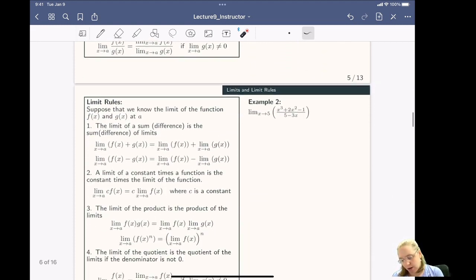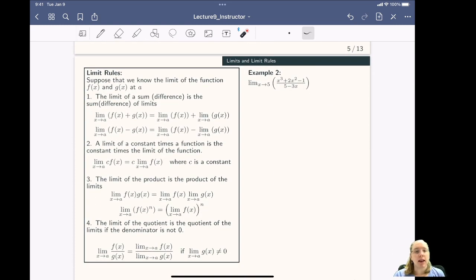All right, now, second example, let's take the limit of a ratio of polynomials. So in the numerator, we have a cubic, and in the denominator, we have a linear function. Remember the fourth rule: if we have the limit of a quotient, it's the quotient of the limits, given that the denominator does not equal 0. So let's do a little side work over here.